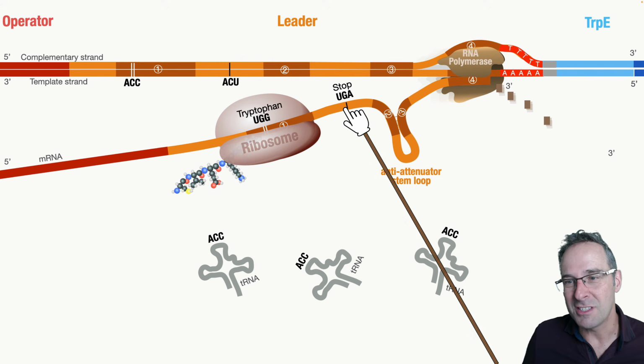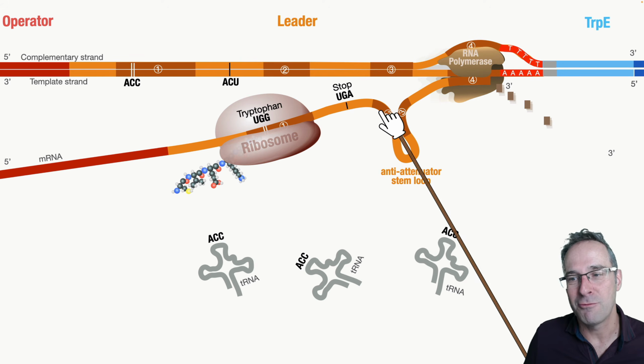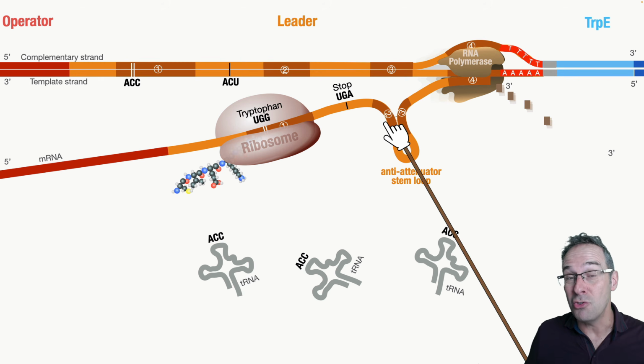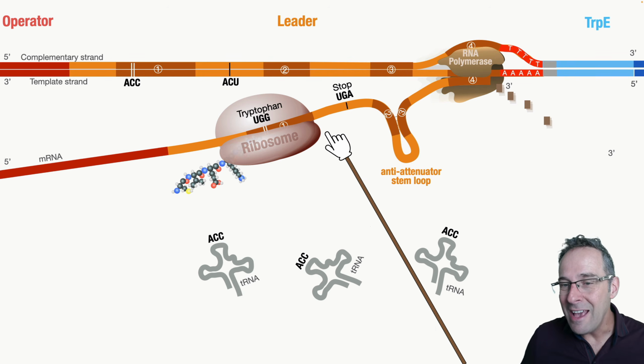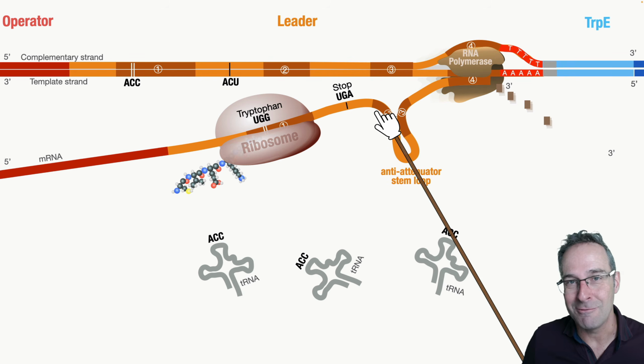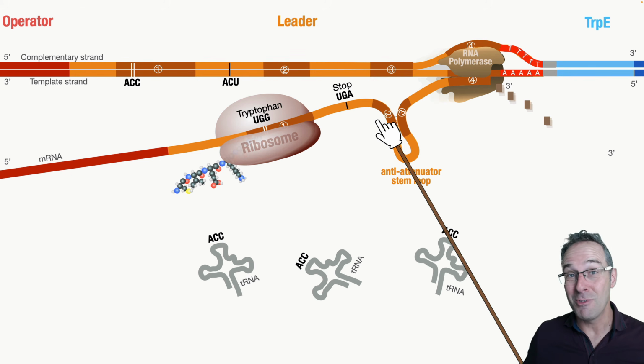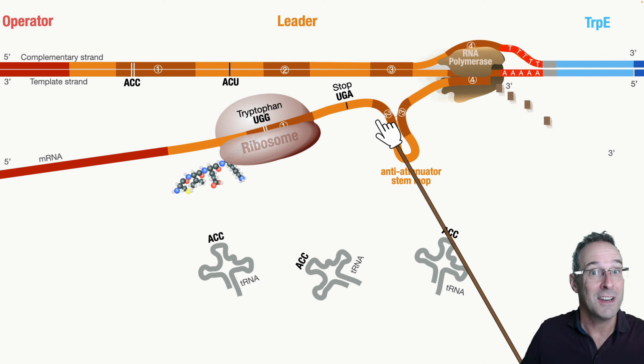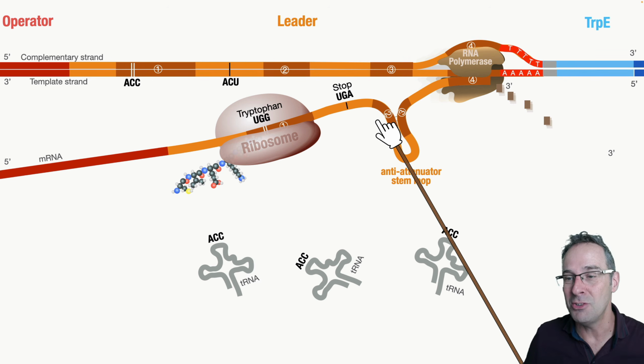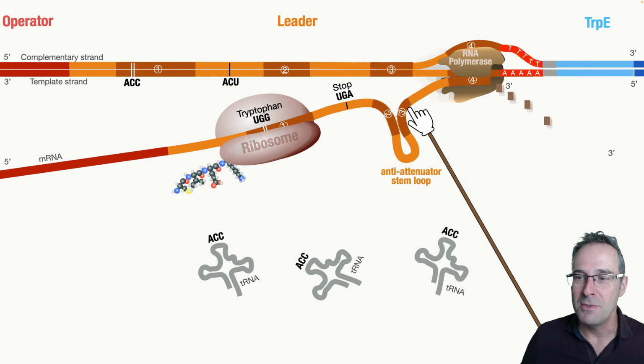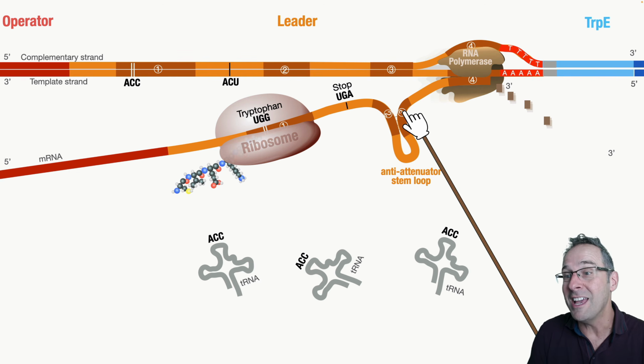And remember, when it got to the stop codon, it covers up part of region 2, preventing region 2 from bending around and sticking onto region 3. But now that the ribosome's not blocking region 2, there's nothing stopping region 2 and region 3 from sticking to each other, and they do because they're attracted to each other, because all those complementary cytosines and guanines pair to each other, and so 3 and 2 pull together.